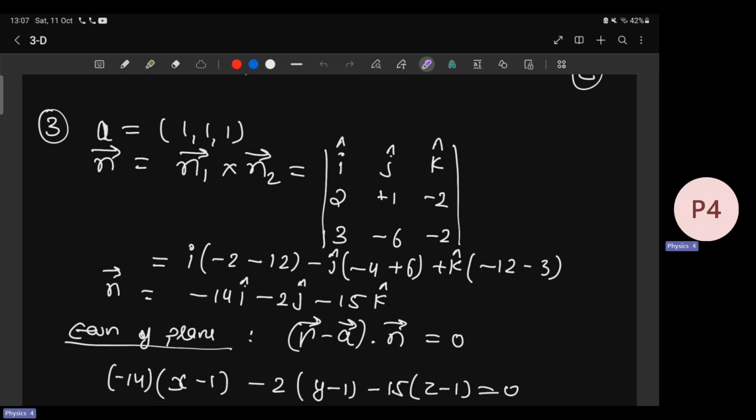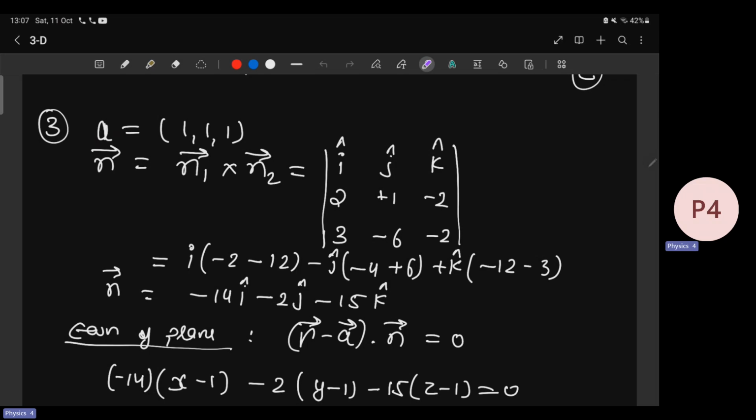Find the equation of the plane passing through the point 1, 1, 1 and perpendicular to these two planes. As we already know, to write the equation of a plane we need a point and a normal vector. We already have a point which is given to us, 1, 1, 1.